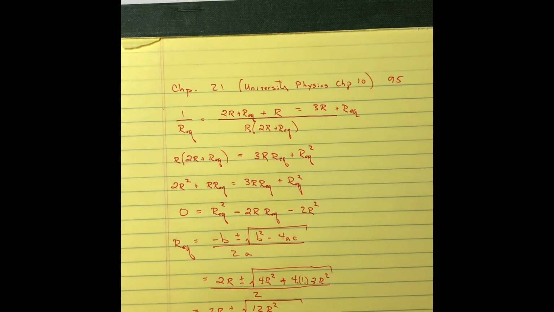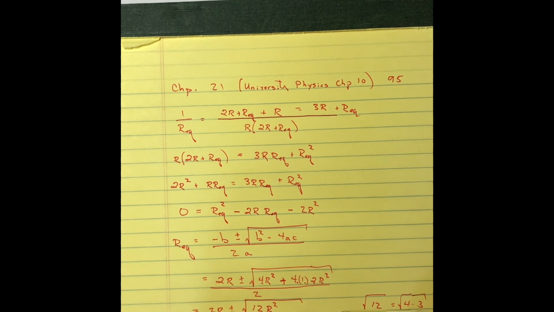over 2. Maybe I could think of the square root of 12 as the square root of 4 times the square root of 3. So that what happens here is this square root of 12 then becomes a 2 root 3.